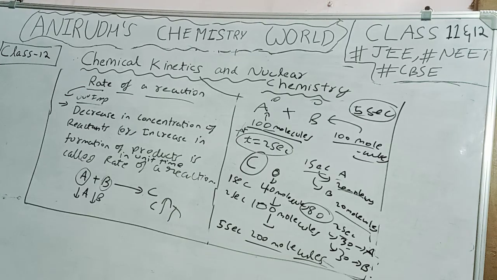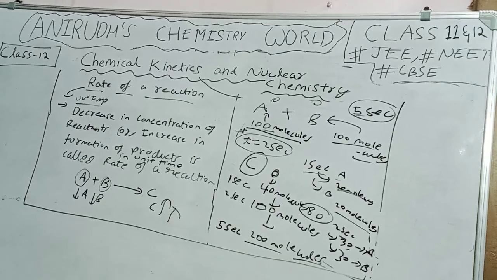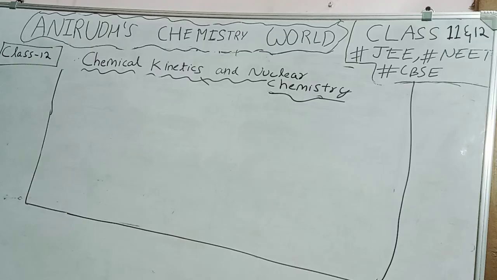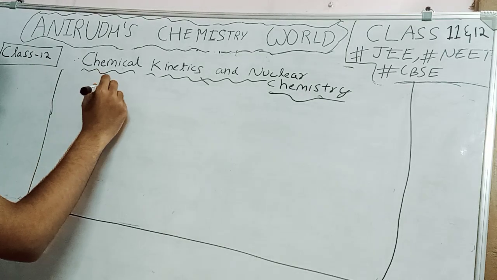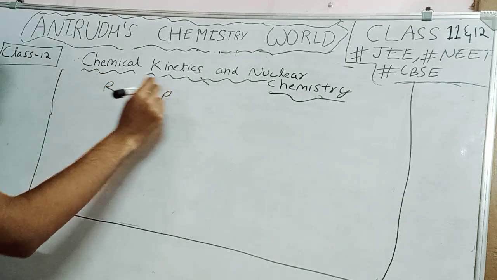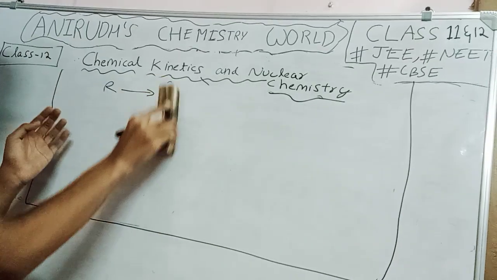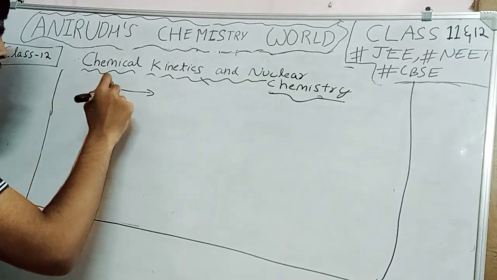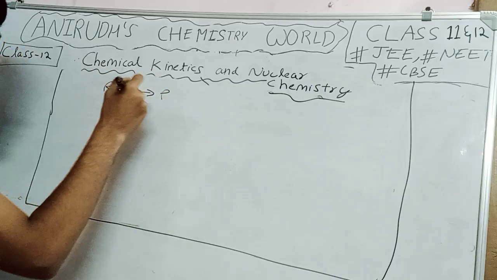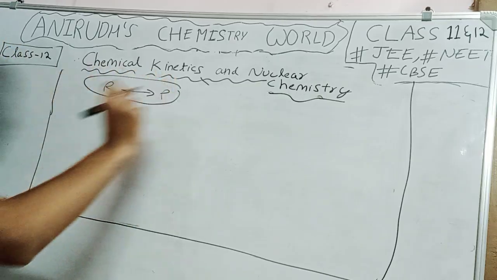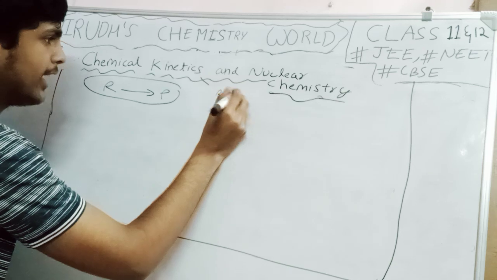I'll also write the formula for this so that it's very easy for you to understand. Now let us see the formula. Suppose you have a reaction like reactants give products, where R represents reactants and P represents products. So let us have a reaction where R gives P. According to this, we'll write the formula of rate of reaction.